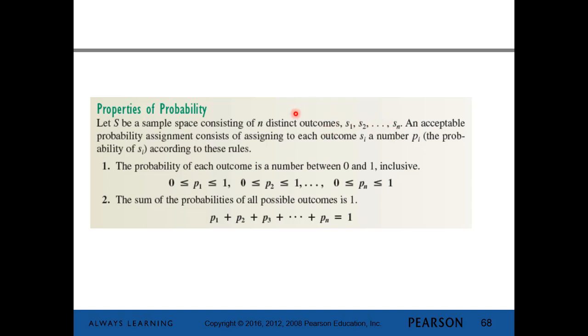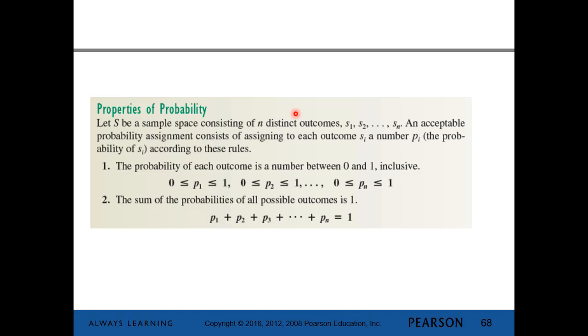An acceptable probability assignment consists of assigning each outcome, S sub i, a particular probability according to these rules. Now, if it is a valid probability experiment, then these must hold.